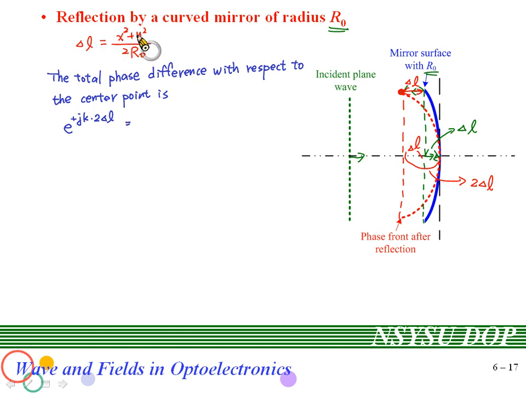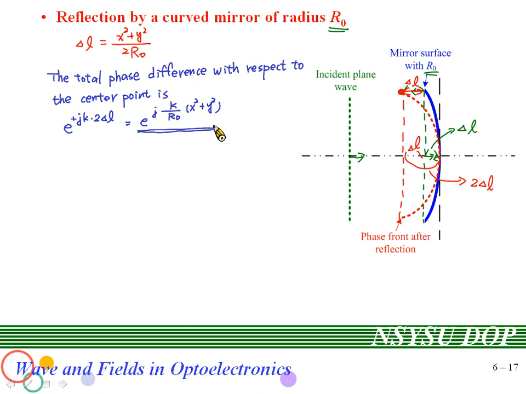And taking the expression of delta L into here, the phase difference with respect to the center point can be written like this. So this term represents the phase contribution by the curved mirror after reflection.